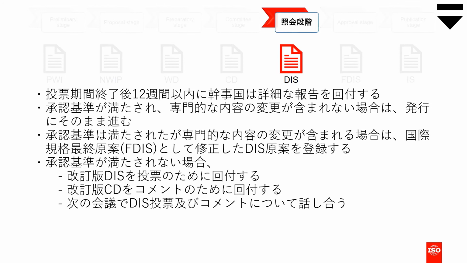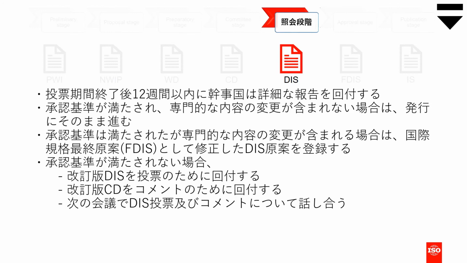The document will go straight to publication if the approval criteria are met and there are no technical changes to be made. If the criteria are met, but technical changes must be incorporated, then the draft will be modified accordingly and then registered at the approval stage as a final draft international standard.